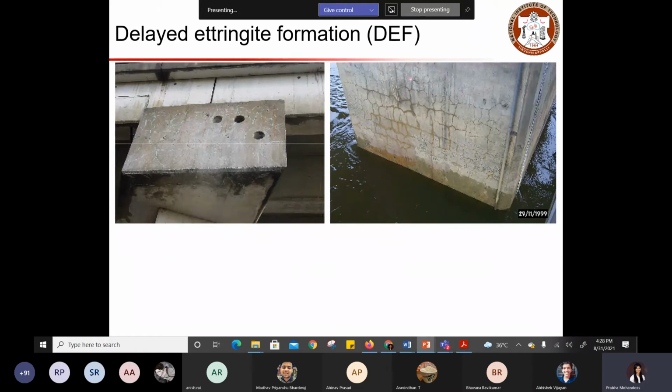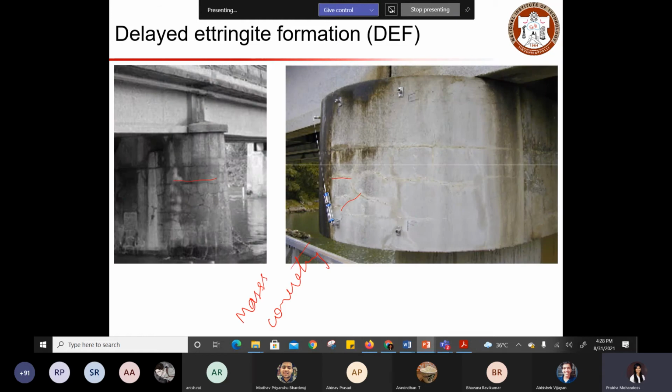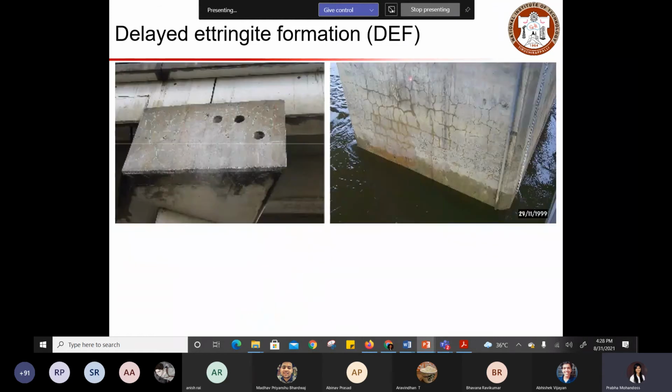These are some examples where you can see such delayed ettringite formation, where you have mass concreting in dam structures or bridge structures, where you have a thick member with thickness more than 1 meter.